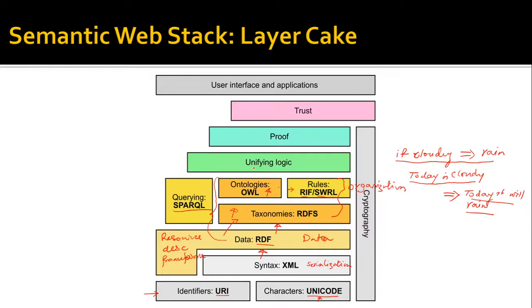So if you have a logic to align these two, you can connect different data sets together with very simple means. So this particular logic layer is called the unifying logic layer.